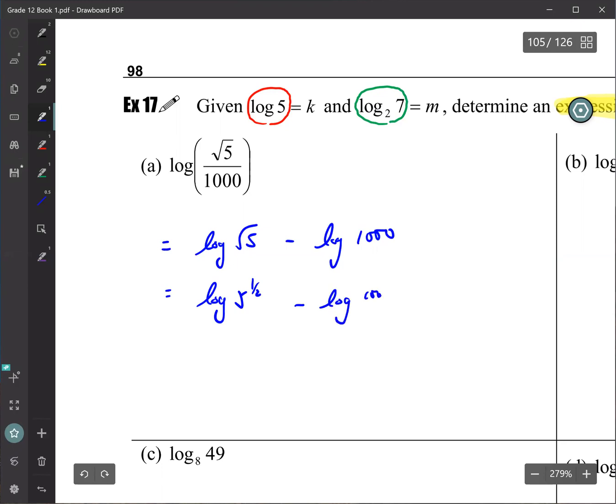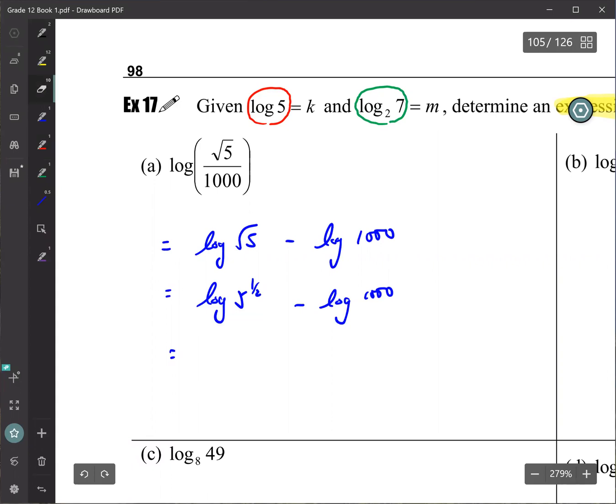And then what? 10 to the power of 3. Which one? Like the 1,000. Oh, 1000 there. Okay, we'll worry about that later. Right now I want to focus on this part. 5 to the, what do we do now?